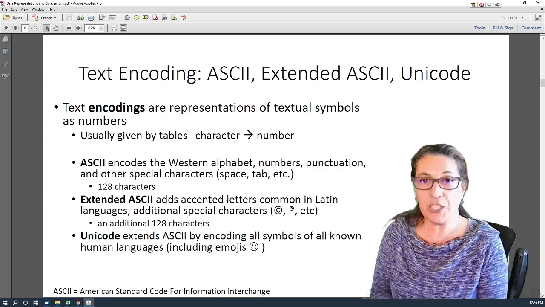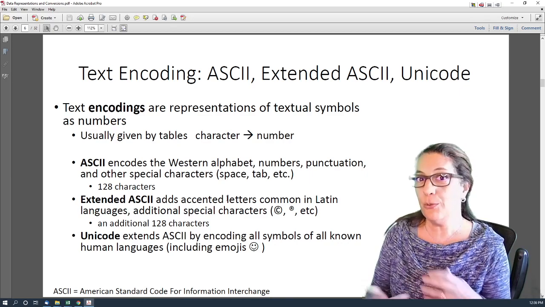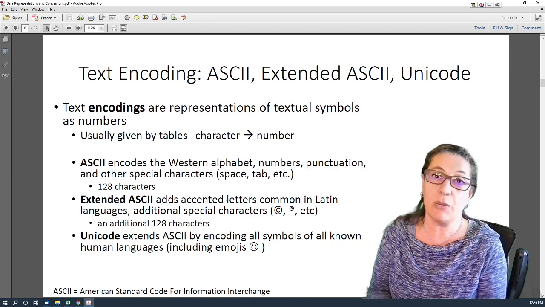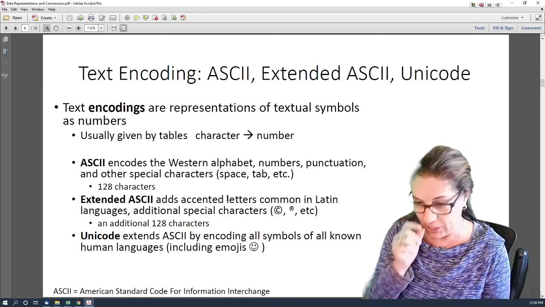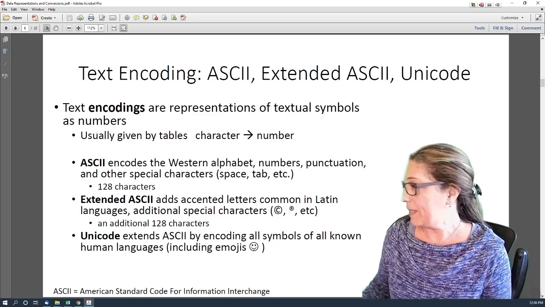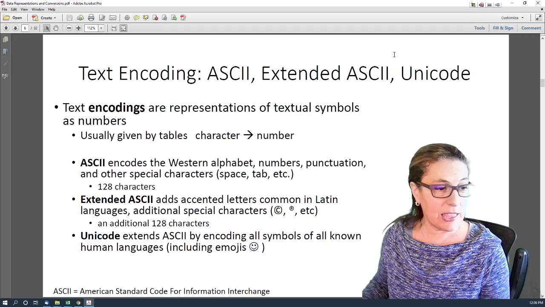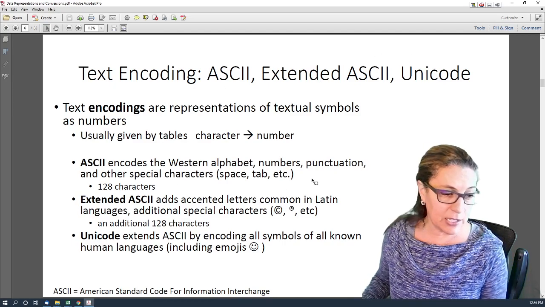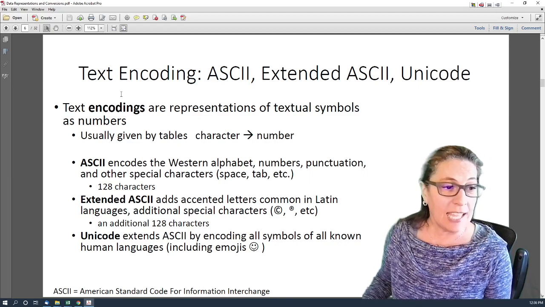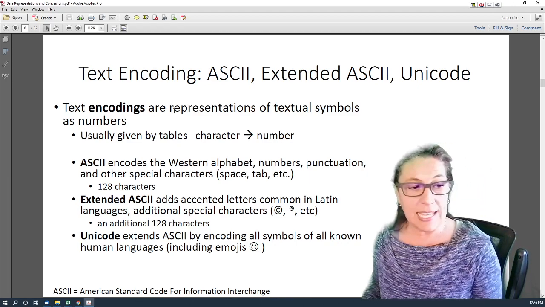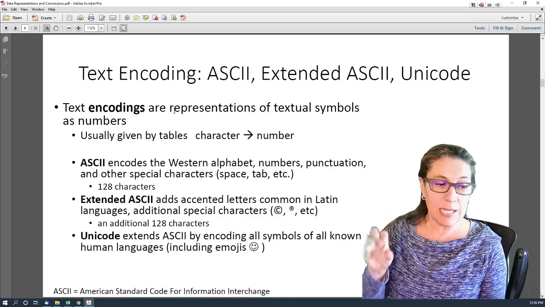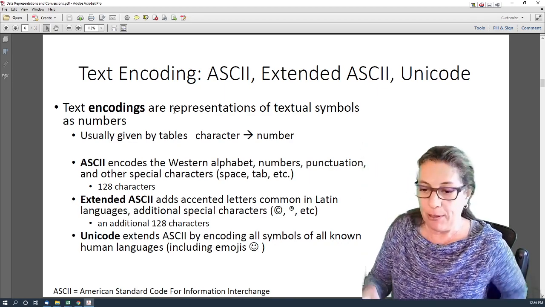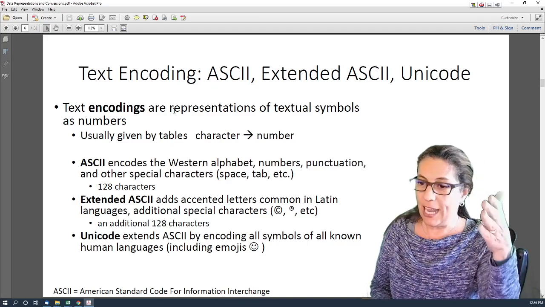And so the first need to do these encodings was the need to encode the English language and the English characters. ASCII stands for the American Standard Code for Information Interchange, and these are text encodings that represent the textual symbols as numbers. So basically, it's a table that says, okay, here's the character.